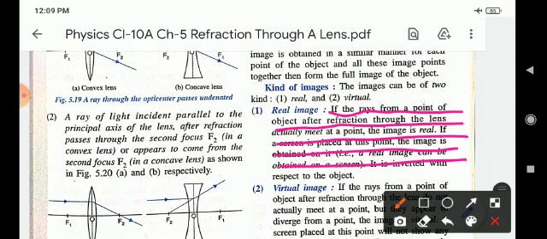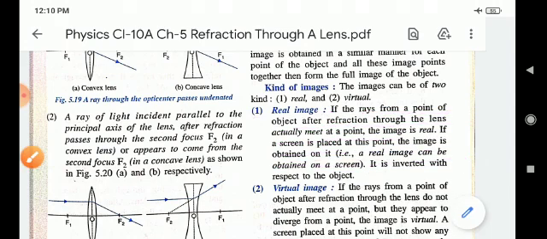If the rays from a point of the object after refraction through a lens actually meet at a point, the image is real. If a screen is placed at this point, the image is obtained on it. It is inverted with respect to the object.